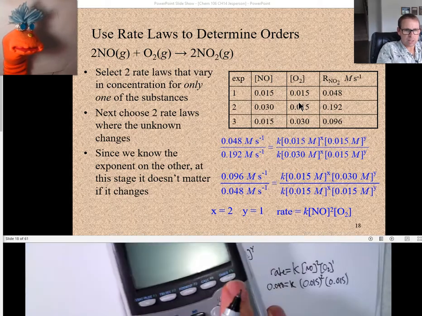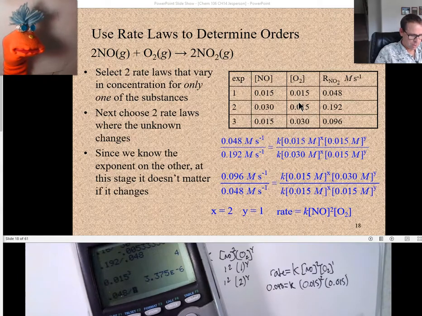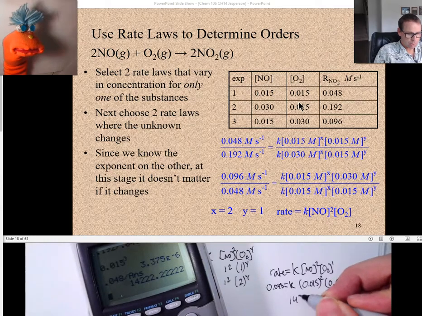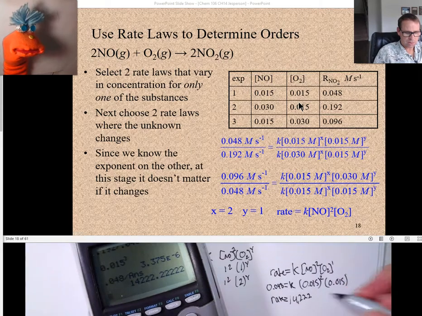I can use my calculator here and solve for K. 0.015 to the third power, because squared times that is 1, and then 0.048 divided by that value there. So that makes K 14,222.